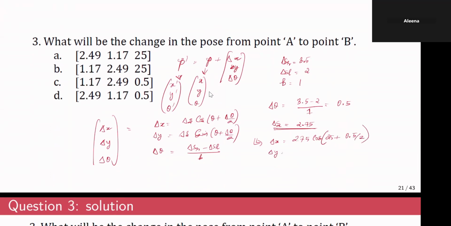Delta y is 2.75 sine of 25 plus 0.5 by 2, and delta theta, we have estimated that earlier to be 0.5. And if you solve these expressions, I believe you will get the answers as 2.49, this to be 1.17, and this we have already calculated to be 0.5. And that makes our answer to be option C.